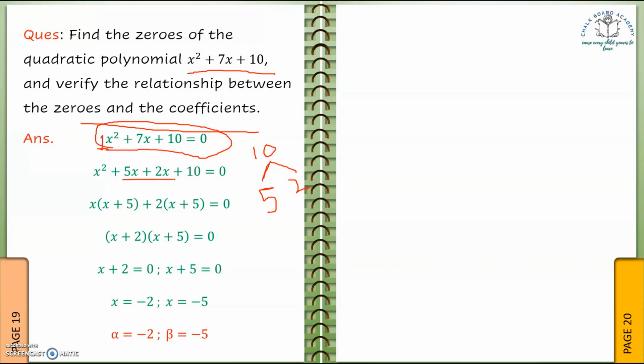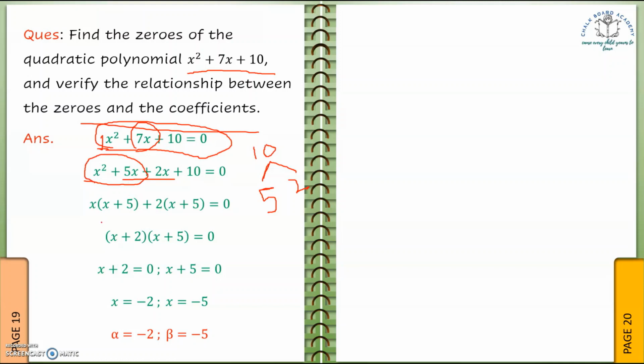So we are putting them like x square plus 5x plus 2x plus 10. So 5x plus 2x, that is 7x. And 5x into 2x is equal to 10x square. Now from the first two terms we are taking common.